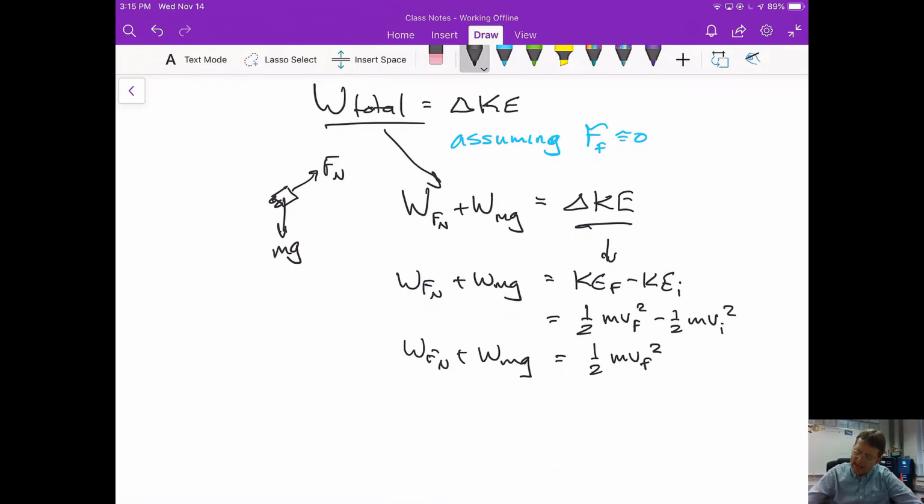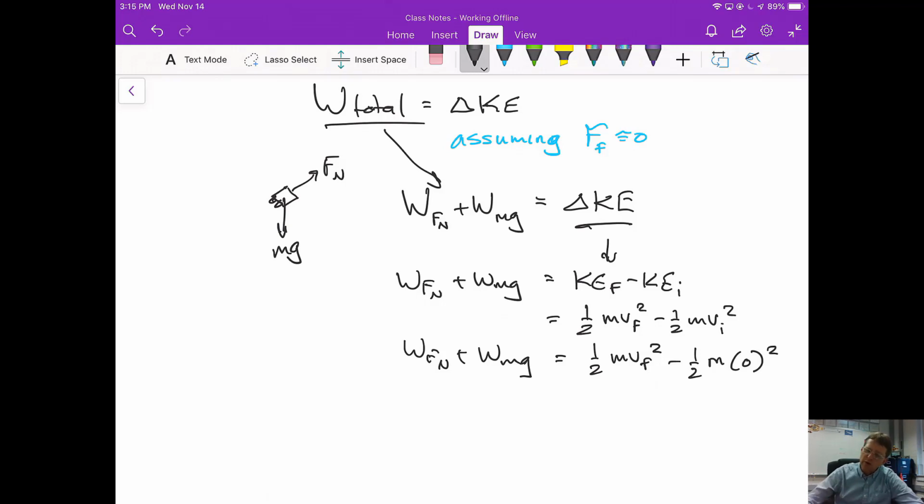Because the initial velocity is 0, that term went away. So that's what we get. I just plugged in the initial velocity, and the final velocity is what we're looking for: the final velocity at the top of the upside down loop.